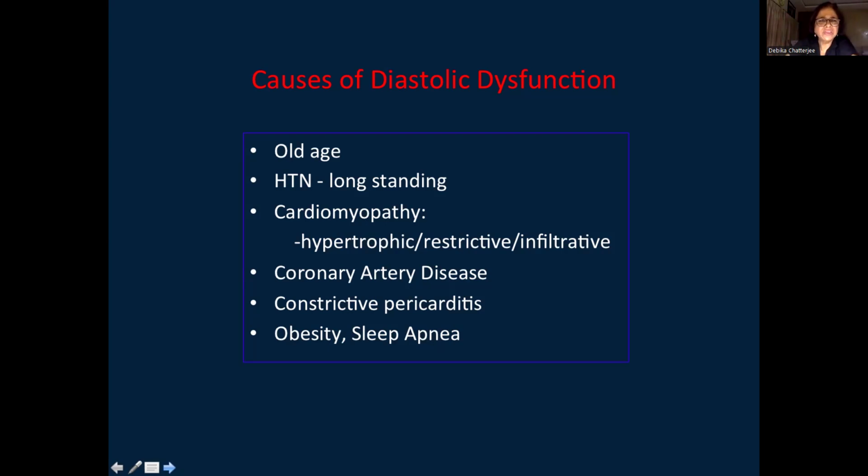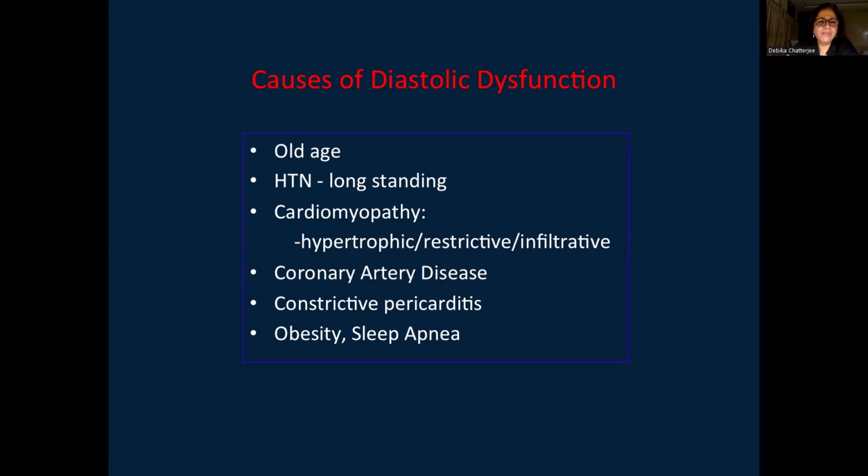And the next cause is long-standing hypertension. Then cardiomyopathy, the myocardial disease, be it hypertrophic cardiomyopathy, restrictive cardiomyopathy, or infiltrative cardiomyopathy, you get some grade of diastolic dysfunction. Coronary artery disease leading to hypokinesia or akinesia or scarring.